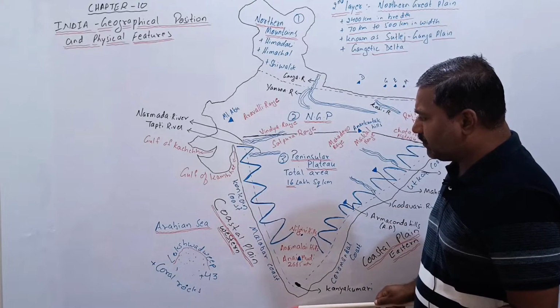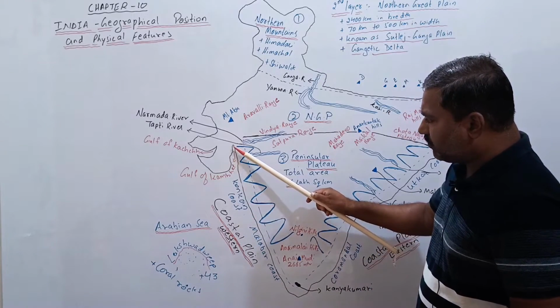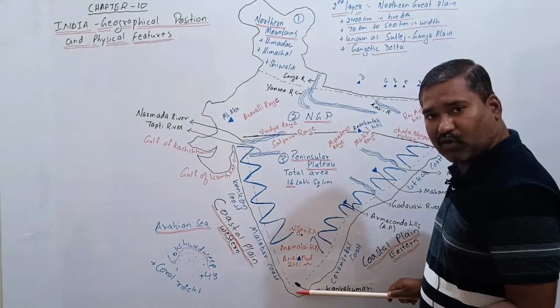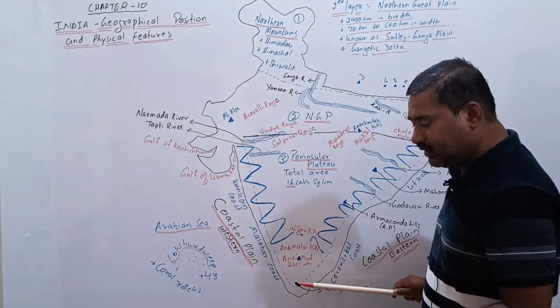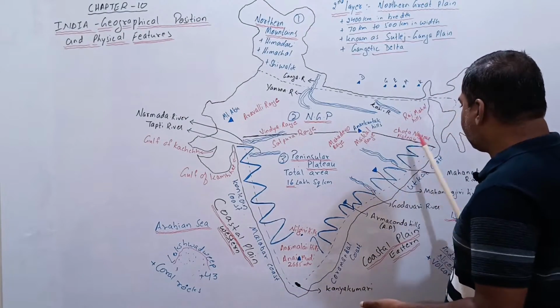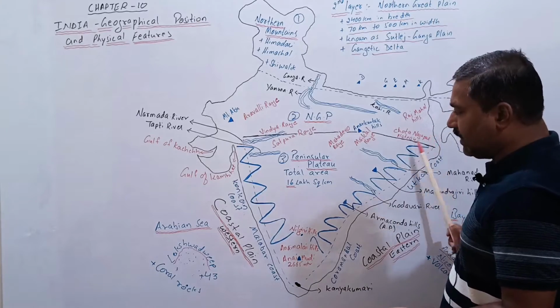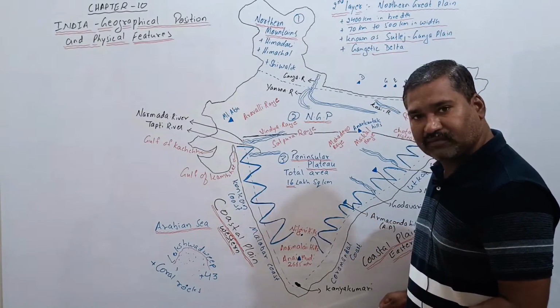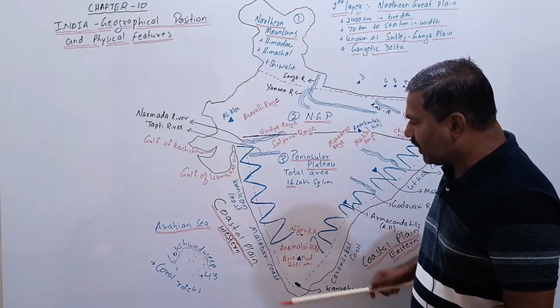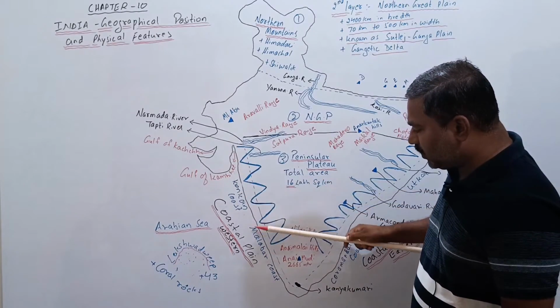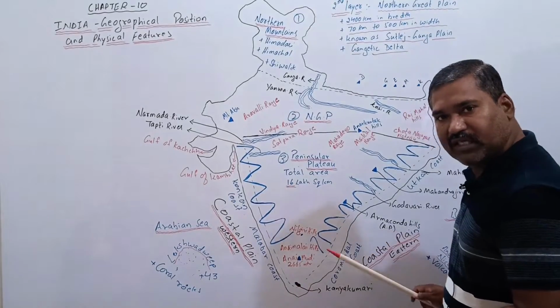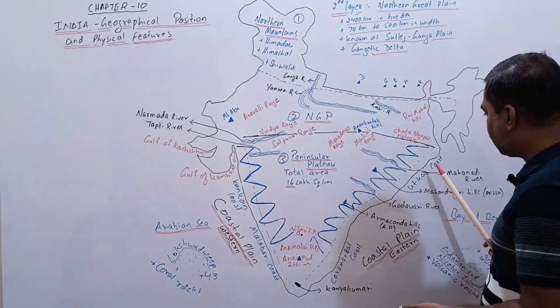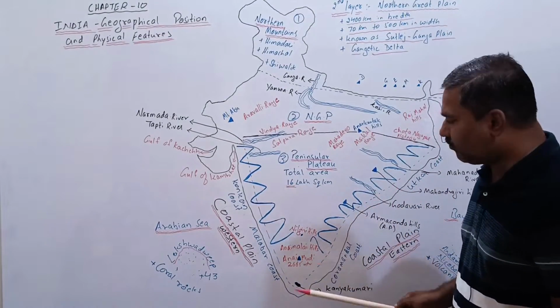Our coastal plain starts from the Gulf of Khambhat to Kanyakumari, the western coastal plain, and from Kanyakumari up to the Gangetic Delta, the eastern coastal plain. The western coastal plain runs from the Konkan coast to the Malabar coast, and the eastern coastal plain from the Coromandel to the Utkal coast.